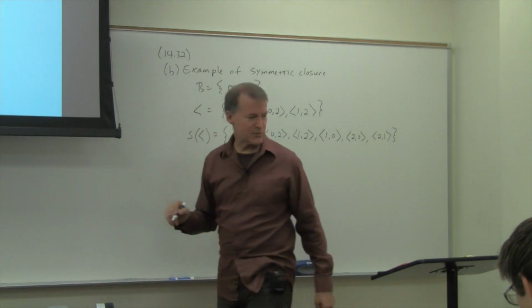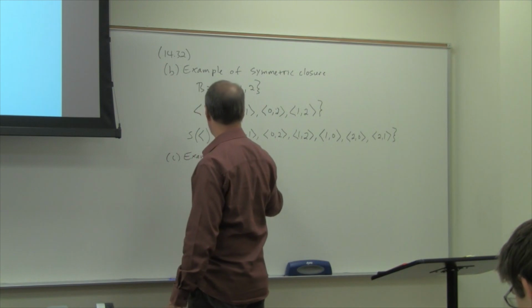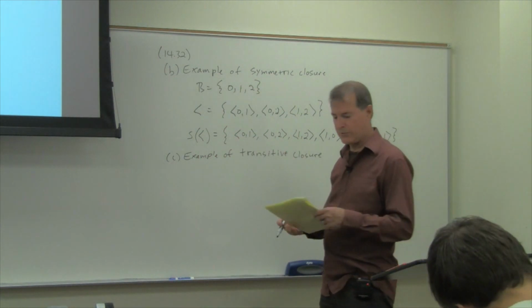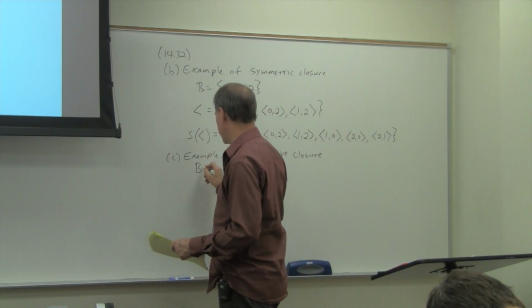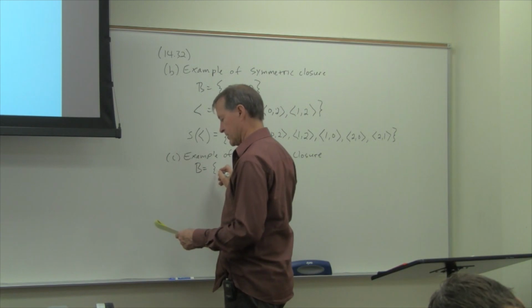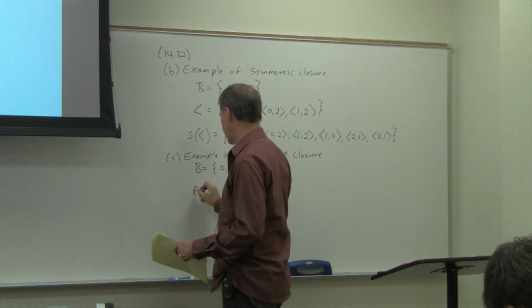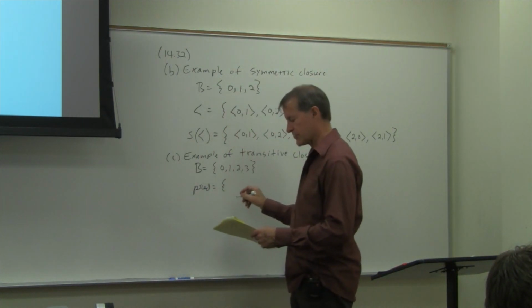Now let's do this one, which is a little trickier. C, example of transitive closure. For this one, we're going to use that pred relation that we had before. Let's say B is the set of elements 0, 1, 2, 3, and let's call pred the immediate predecessor relation.